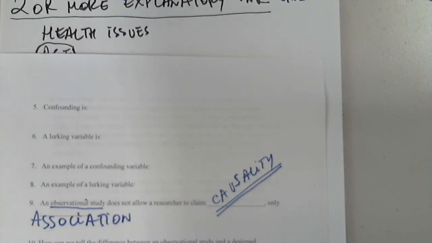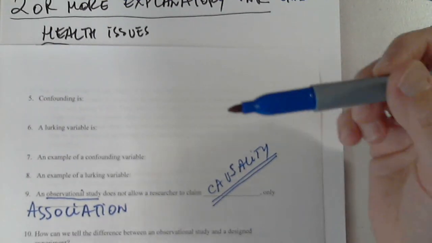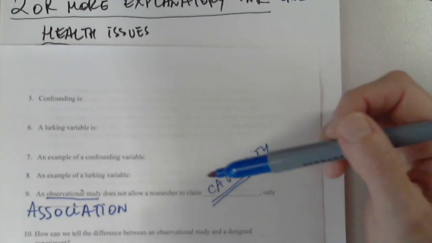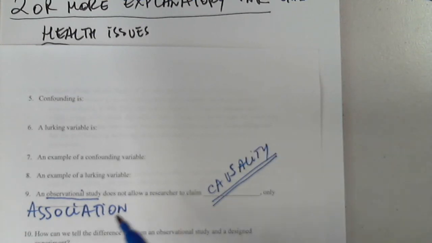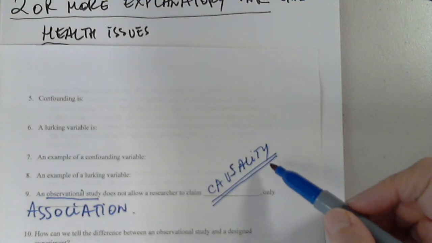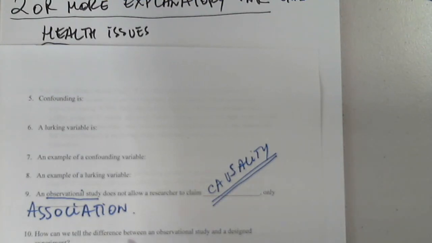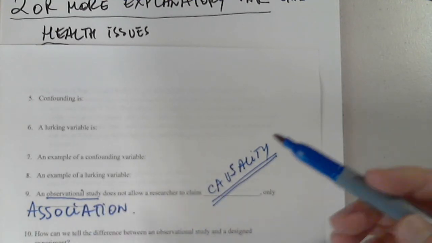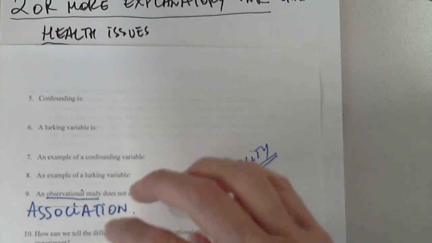Yes, please? Any questions? I thought somebody had a question, sorry. So, I would just ask, say associated? Yes, so we can say association, but we cannot say causation. Okay. So if we conduct an observational study, we can say that there is an association.